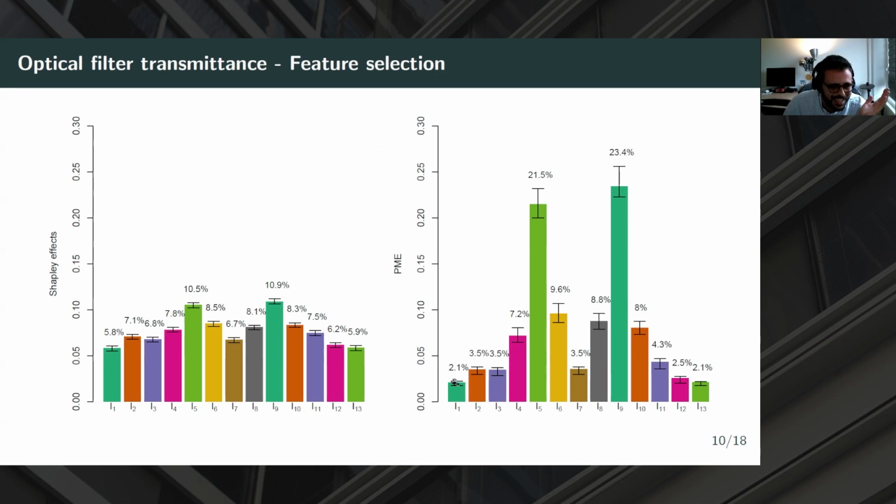The first thing we can see is that there's no exogenous input, which is nice. But the second thing is that the Shapley effects tend to squish the importance, so every input is somewhat in the same range, between 5% and 10%, whereas for the proportional marginal effects, we're varying between 2% and 21.5% of the output variance.